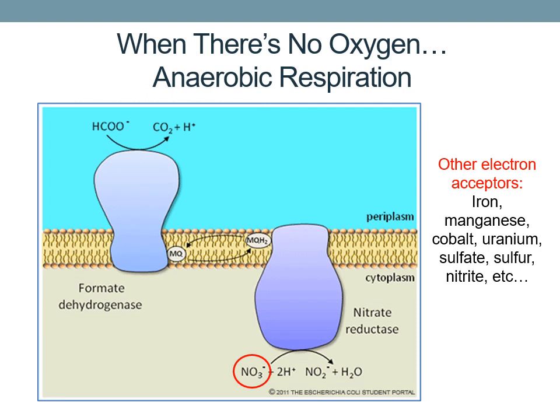Fermentation is a way for some organisms to survive without oxygen, and still there are others that can perform anaerobic respiration. With anaerobic respiration, the organism still goes through glycolysis, the Krebs cycle, and the electron transport chain, but instead of oxygen being the electron acceptor at the end of the electron transport chain, a number of different electron acceptors can be used, and listed here are just a few.